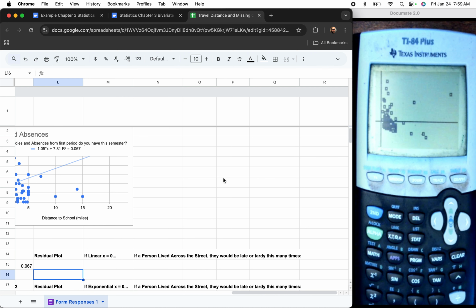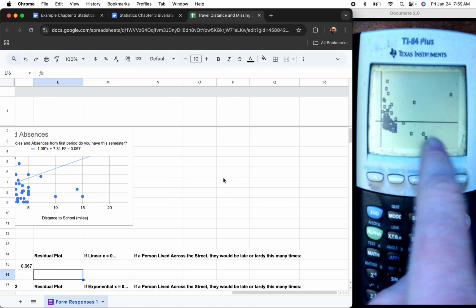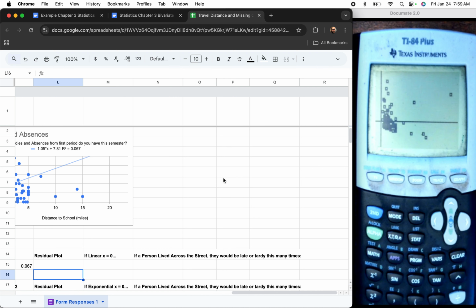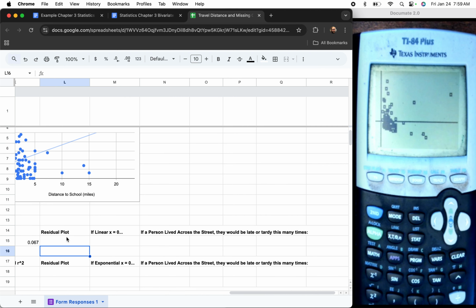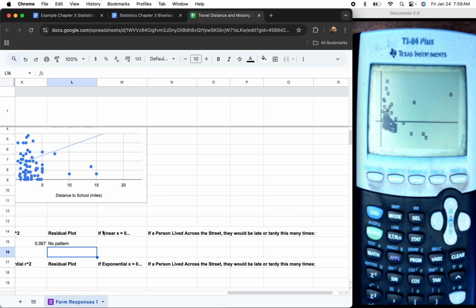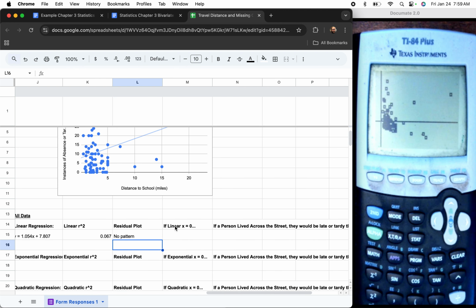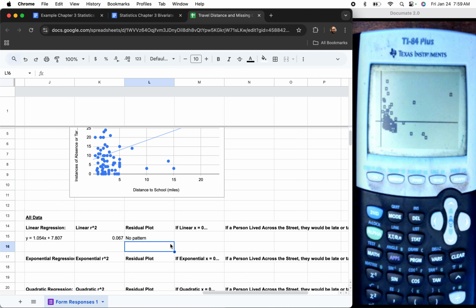But it looks like maybe we do have a pattern. It does, but it does seem kind of randomly scattered. So the residual plot has no pattern. It might be good. Other things to check: if x equals 0, what happens? That means that if a person lives across the street, what would happen?